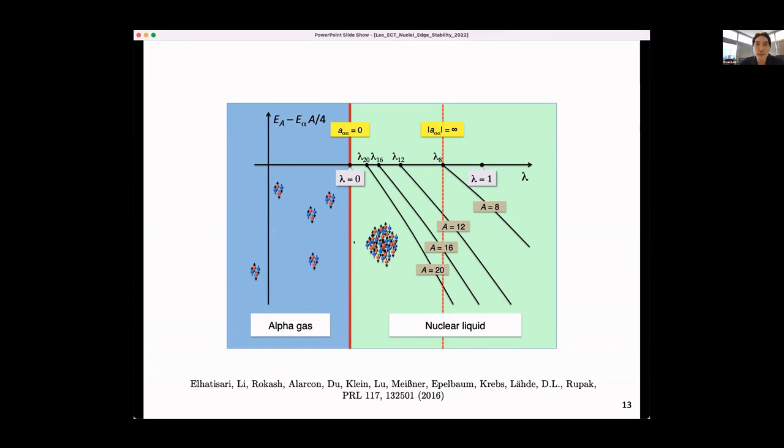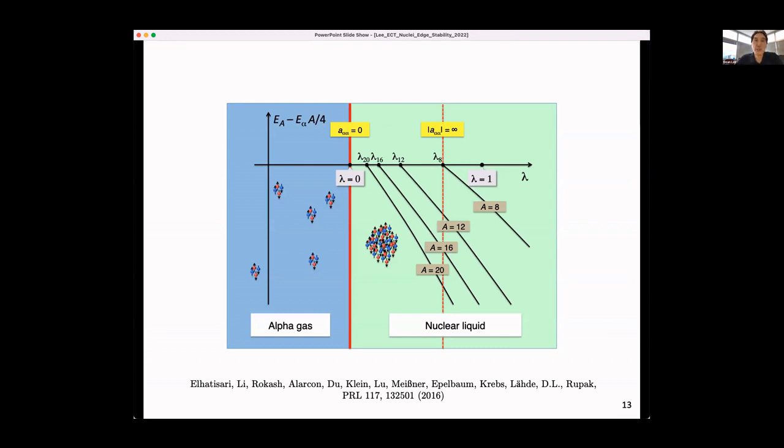And at that point, if we have enough particles, we form a large droplet. And if we increase again the local attraction, we get to the point where, let's say, neon-20 is bound, oxygen-16, carbon-12, and then at some point, beryllium-8 also becomes bound. So this is our picture of what's going on here. You can read more about it in this paper here, that there's a quantum phase transition, and that nuclear physics is not so far away from it if the interactions did not have a sufficient amount of local attraction.